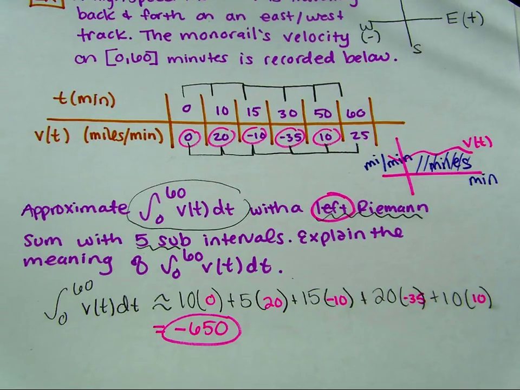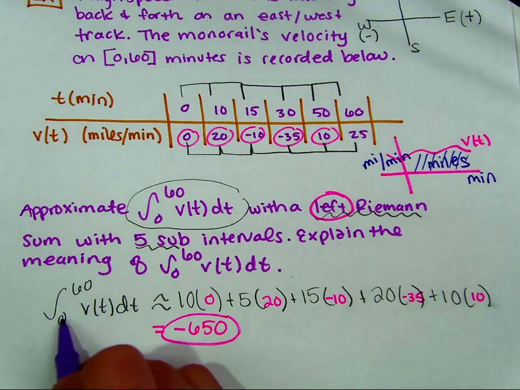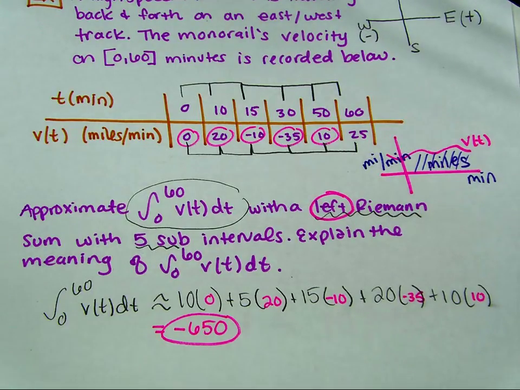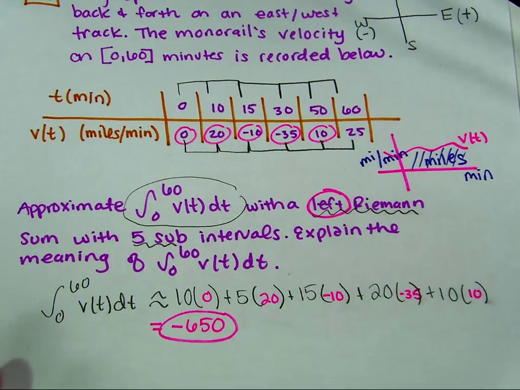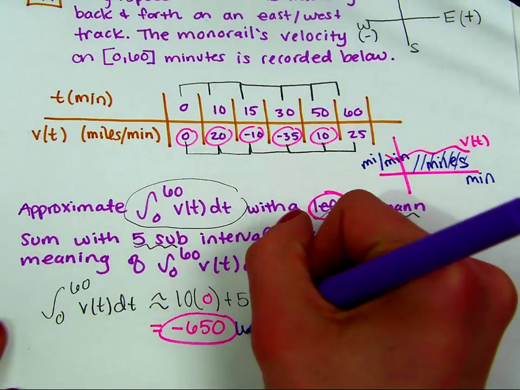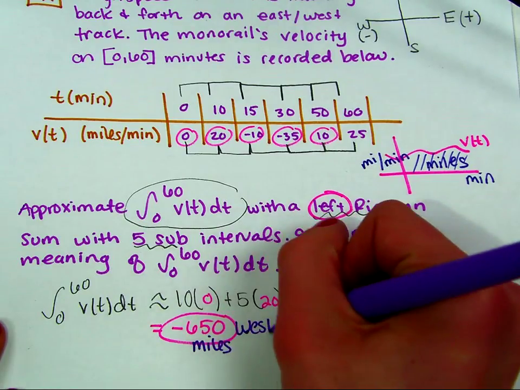And usually, if we go back to here, this integral, if you're talking 0 to 60, it's usually the change in the position of this train. So first of all, negative 650, it's negative. That means 650 miles, but we're talking west.